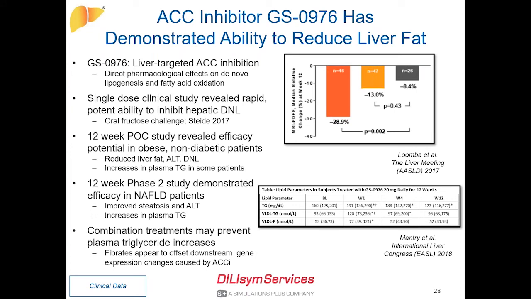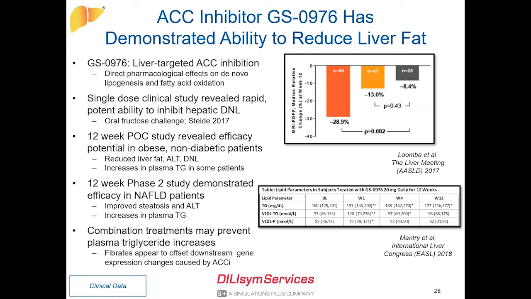So this is a liver-targeted ACC inhibitor that has substantial and direct pharmacologic effects on de novo lipogenesis. They did a series of studies, first a single dose target engagement, then a 12-week proof of concept study in a relatively small cohort, then the phase 2 study. And consistently as they moved along, what they saw was that the compound was really effective at reducing liver fat, steatosis, but in some patients, there were also increases in plasma triglycerides.